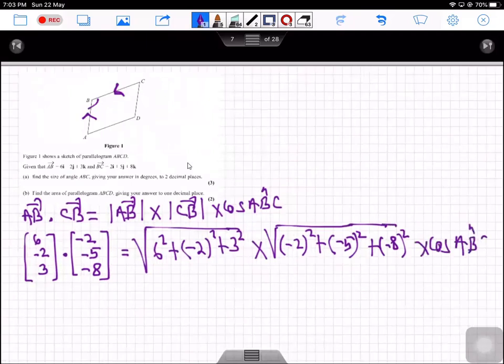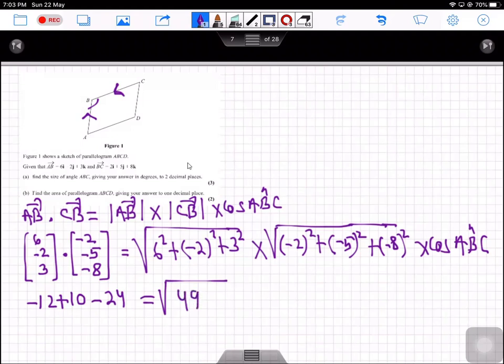Here you go. Now you know what you need to do. So 6 times minus 2 is minus 12. Then we have positive 10, and then we have negative 24. This is equal to the square root of what? 36 plus 4 plus 9. This is 49. So the square root of 49 multiplied by the square root of what? 4 plus 25 plus 64.